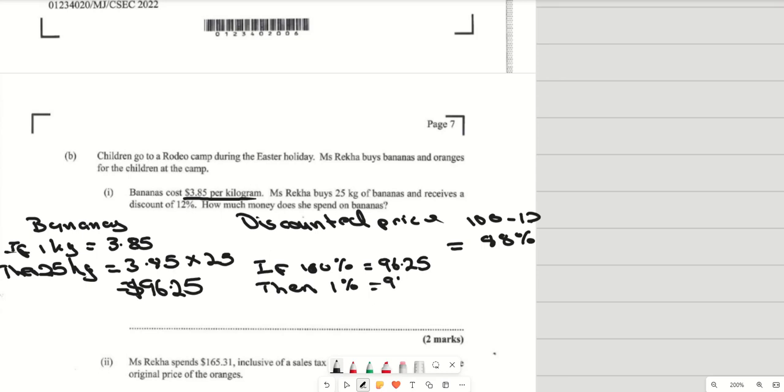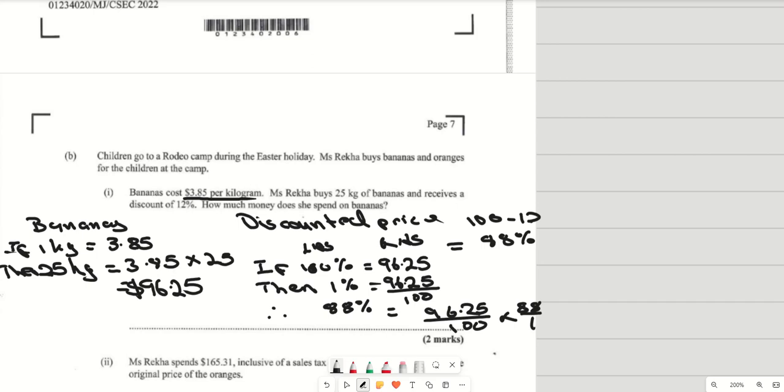That is $96.25 divided by 100. This is your left hand side. This is your right hand side. It is from your if line, right? And therefore, we want to find out what is 88%. That is the discounted price. It's $96.25 over 100 multiplied by 88 over 1.